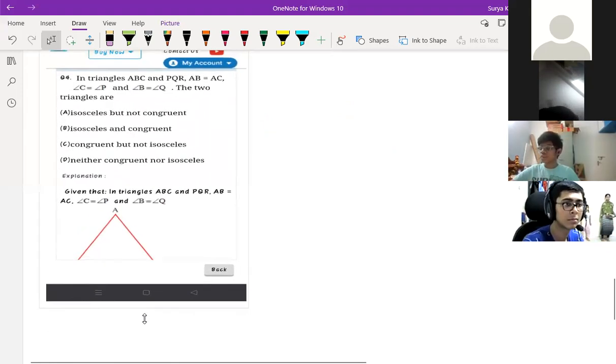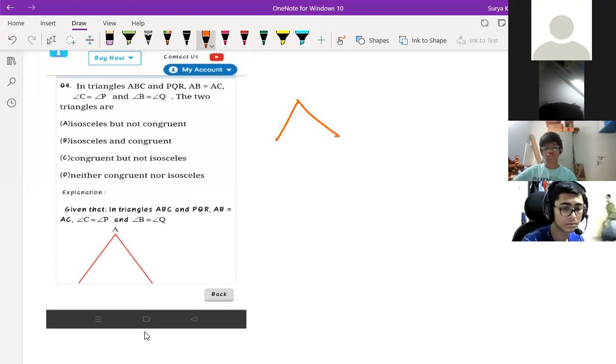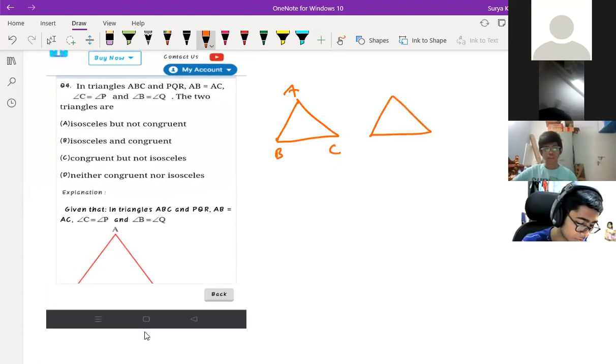So first draw what they've given here, ABC and PQR. So ABC you draw first, ABC and PQR. Angle C is equal to angle P, so P will come here. Angle B is equal to angle Q, the Q will come here. PQR will come on top, right?